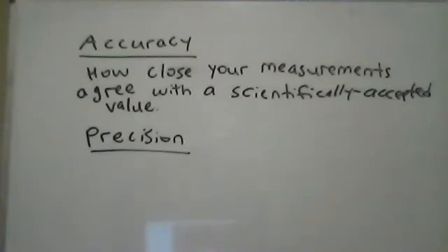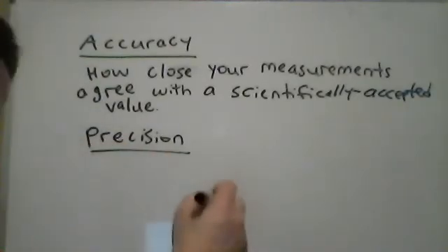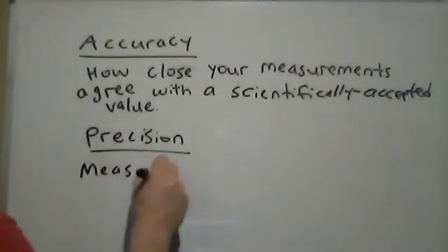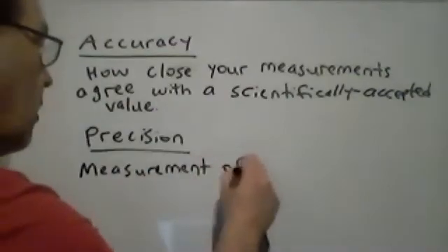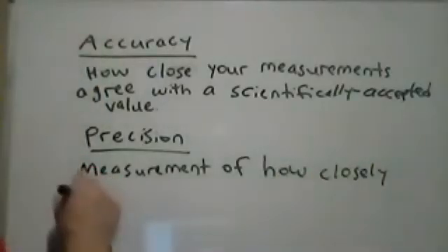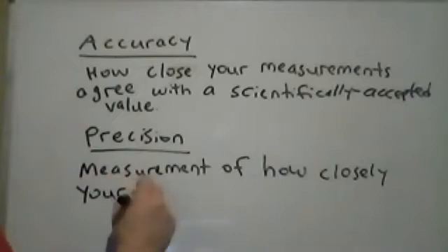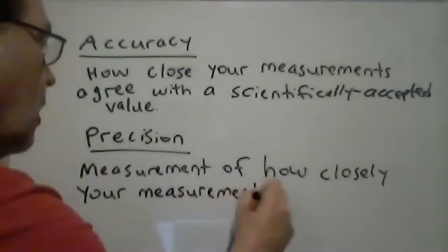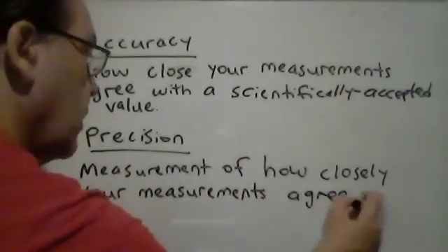Then you have precision. Precision basically refers to how repeatable your measurements are. So precision is a measurement of how closely your measurements agree with each other.